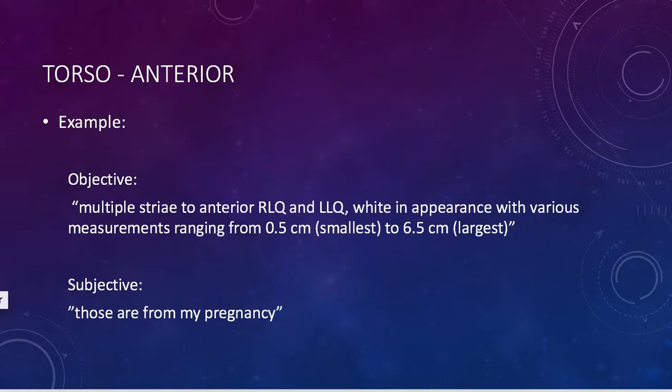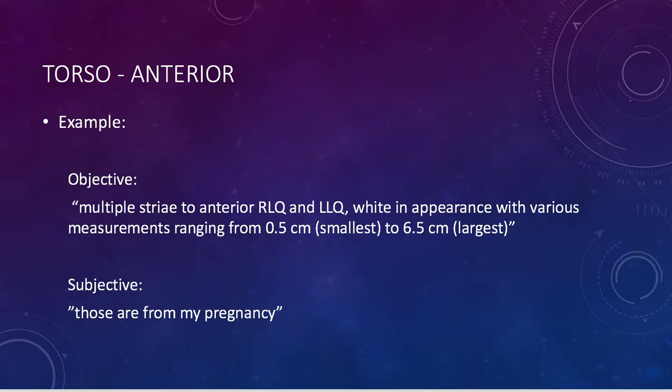An example: if you do see striae or stretch marks, you should call everything by its medical term. An example that I use is: multiple striae to anterior right lower quadrant, left lower quadrant, white in appearance, various measurements ranging 0.5 smallest to 6.5 largest. I do not measure if I know it's not related to the sexual assault, especially because the patient states it's not.